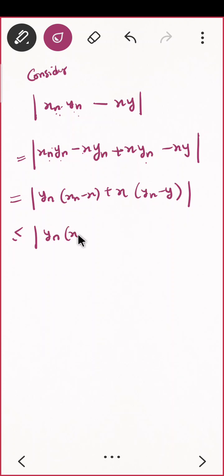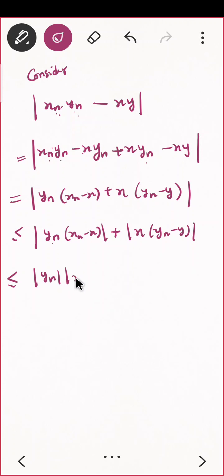Mod of yn into xn minus x plus mod of x into yn minus y. Correct? Next you will again use the property of mod, the Cauchy-Schwarz inequality. For the product, it is less than or equal to mod yn mod of xn minus x, and here mod x, and here it is yn minus y.